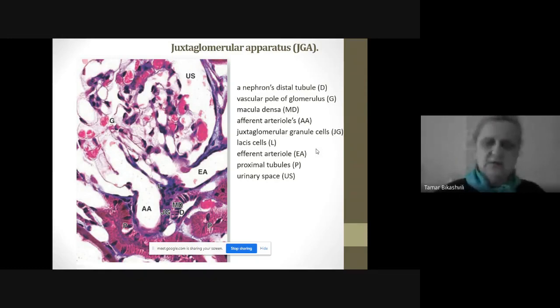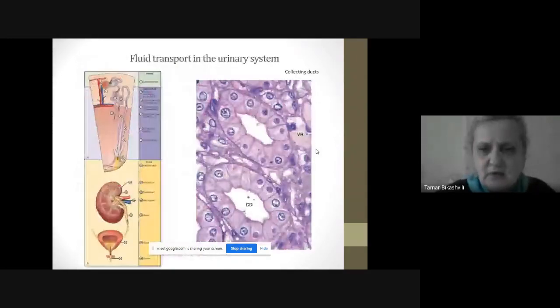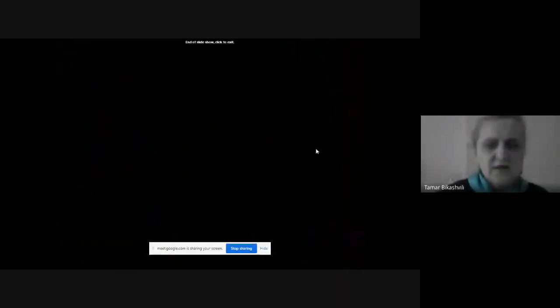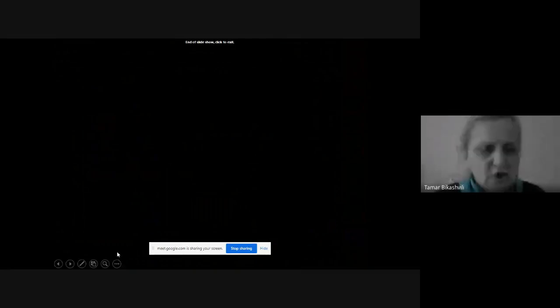I think it's understandable. If not, you can ask me about this. Then these are the collecting ducts, and about collecting ducts, I said we'll talk more later. Now I want to show some micrographs. At first, if you have any questions, you can ask me.